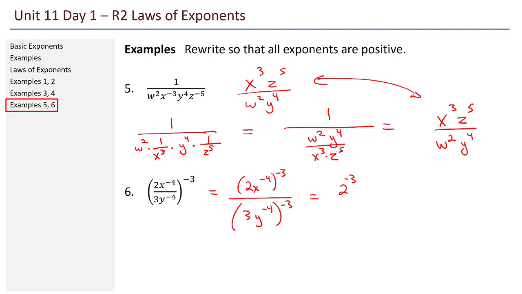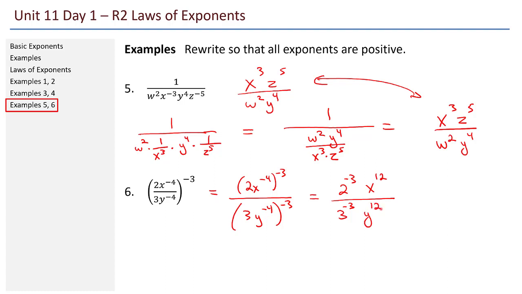Then how about this next one? x to the negative 4 raised to the negative 3. So maybe x to the positive 12. And 3 raised to the negative 3. And then again y, but it's to the negative 4 times negative 3. So y to the 12.